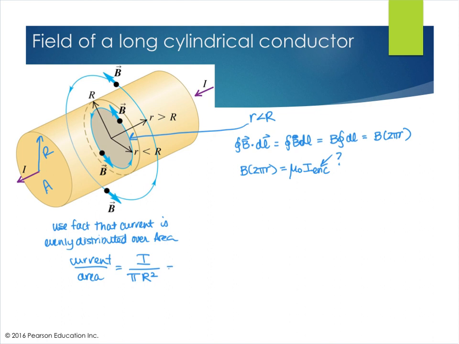What we're trying to figure out is how much current do I get when I'm looking at this little r, this r right here, squared.